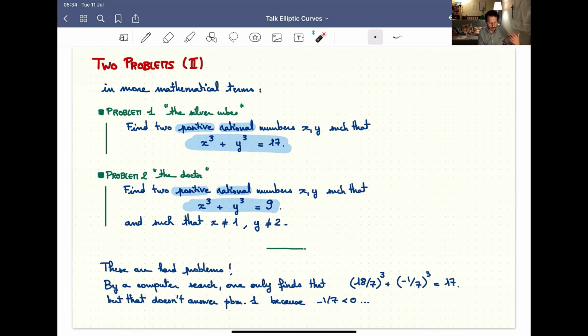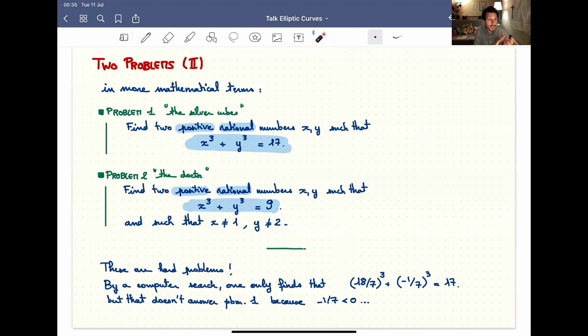In each of these problems, x and y are either the diameter of a sphere or the side length of a cube, so they need to be positive. In the second problem, we have an extra condition. Remember, the doctor wants to know the dimensions of two spheres, but the dimensions should be different from the original dimensions of her spheres.